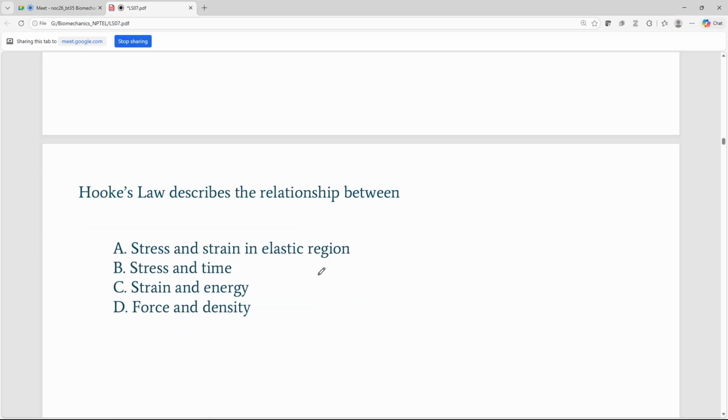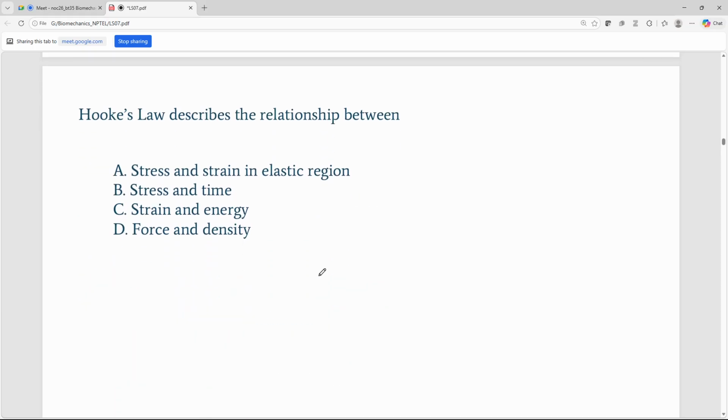Next question. Hooke's law describes the relation between which among the following? Options: A, stress and strain in the elastic region.